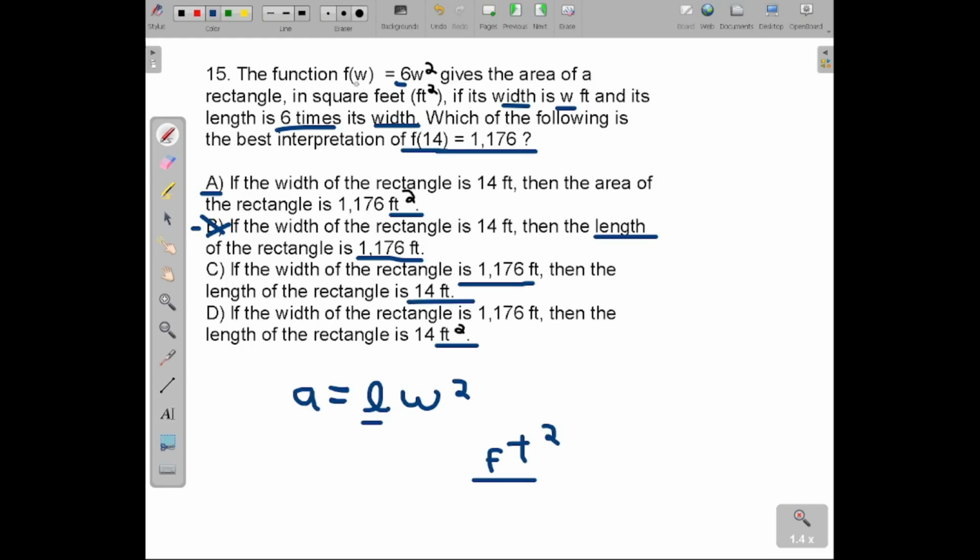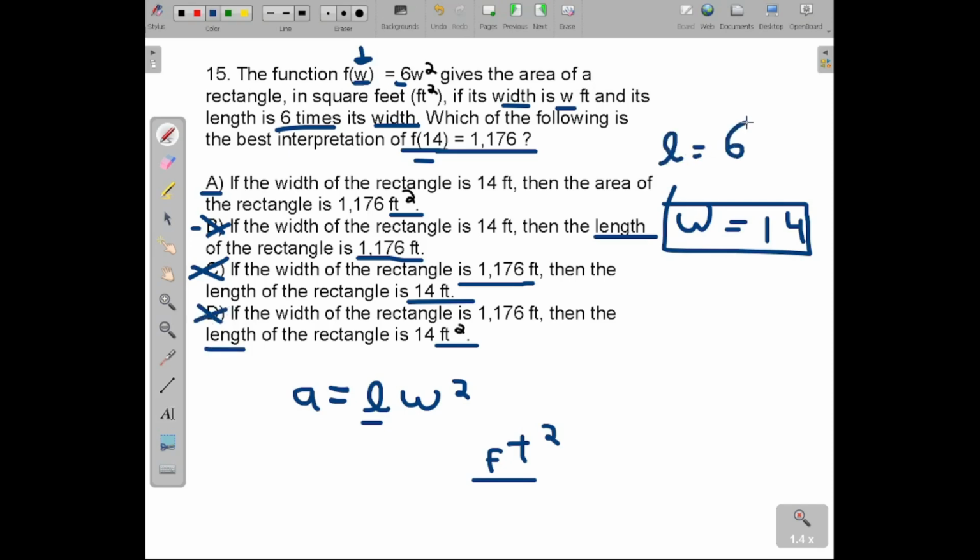No, because from this formula, the width has to be 14. Why? Because we have it here, and this is the value. It is not C. What about D? If the width of the rectangle is 1,176. So again, no. The length has to be 6 times the width.